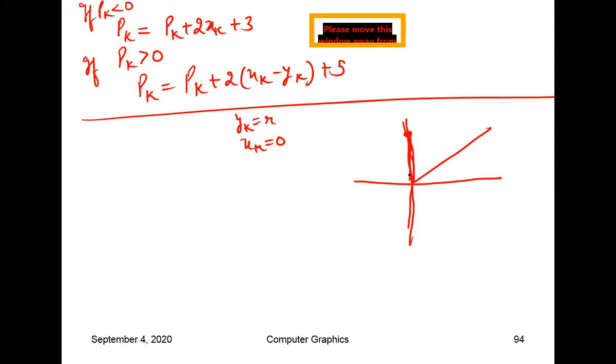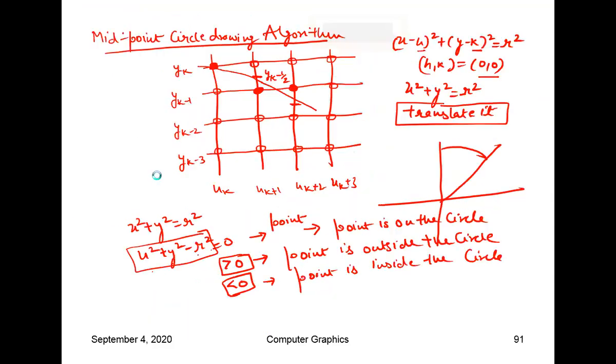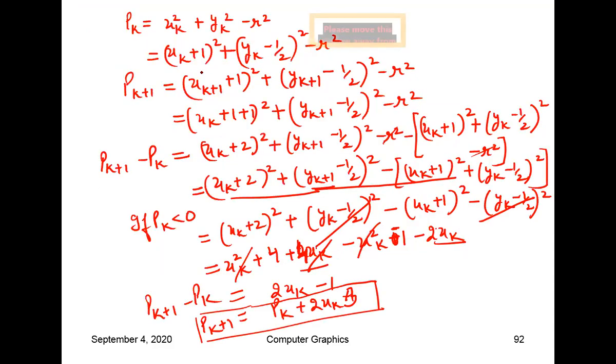So we start from this. This is the radius basically. So what was the decision parameter at that time? What was the equation that we started with? So this was the equation that we started with.